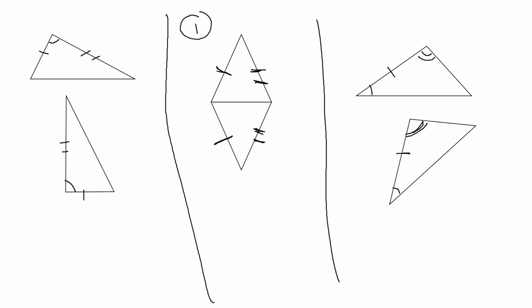If they're sharing a side, they're obviously the same side, which means the three sides of this triangle match, therefore the whole triangle is congruent.